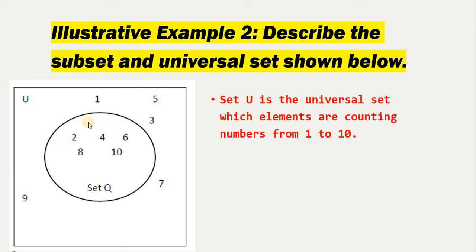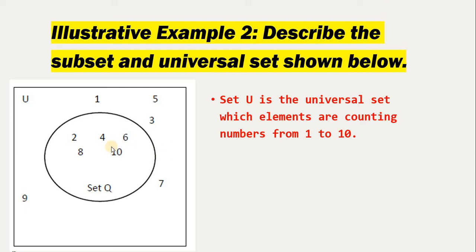Bakit? Kasi nga, itong set Q ay subset lang ng universal set. Okay? So, ibig sabihin, lahat na nandito sa loob ng set na ito ay kasama sa universal set. Okay? Kahit nasa loob pa siya itong set Q. So, kapag dinefine natin ito, set U is the universal set which elements are counting numbers from 1 to 10. Tama, diba? Ayan, 1, 2, 3, 4, 5, 6, 7, 8, 9, and 10.